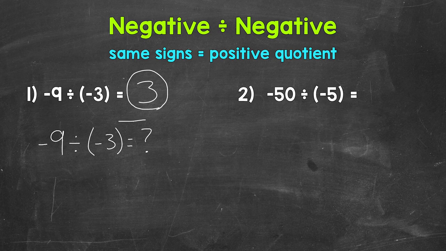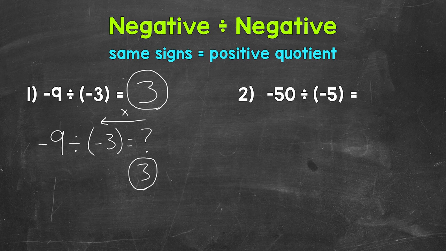So what times negative 3 will give us negative 9? Well, that's positive 3. Positive 3 times negative 3 equals negative 9. And we know that 3 needs to be positive because a positive 3 times a negative 3 will give us a negative answer, negative 9.